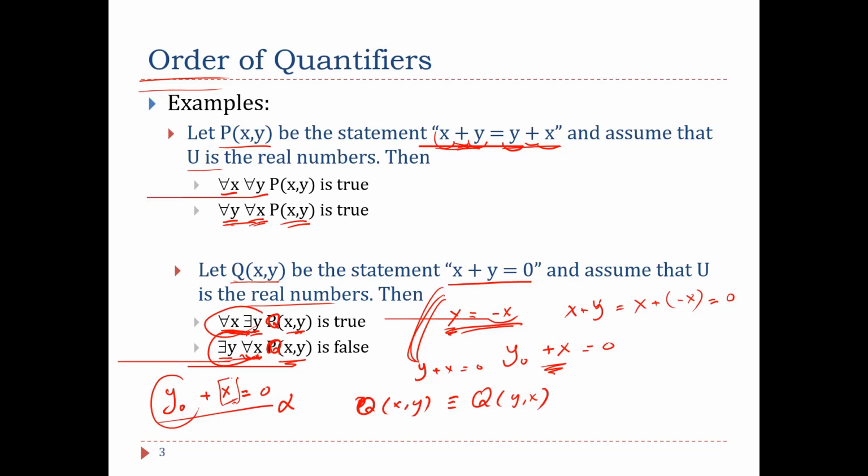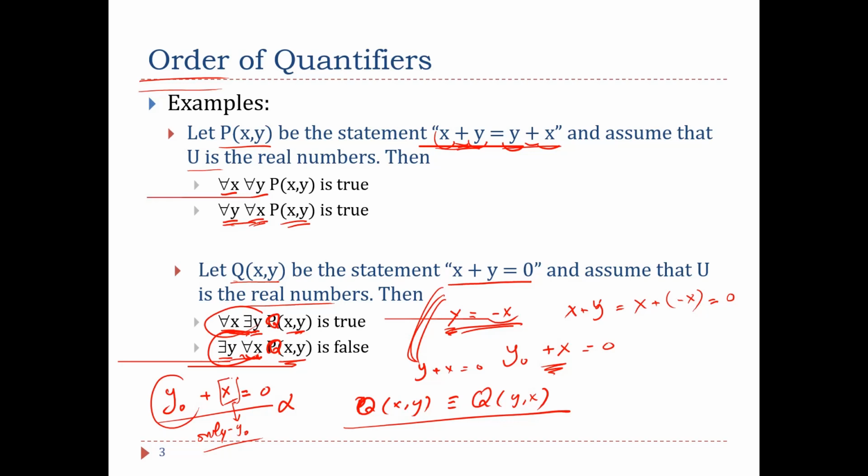If you sum it up with 1, you won't either. So only minus y0 satisfies this condition. All the other x's that are different from minus y0 do not fulfill this condition Q of x y or Q of y x. So the relation is symmetric. Nevertheless, the order of the universal and existential quantifiers really matters.